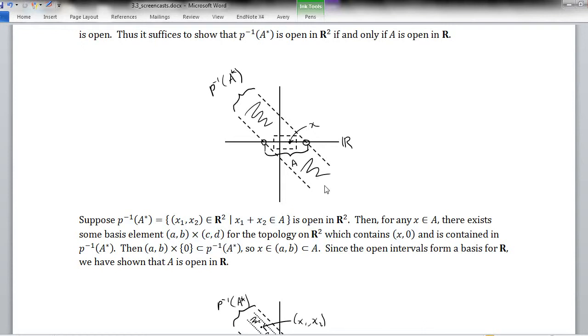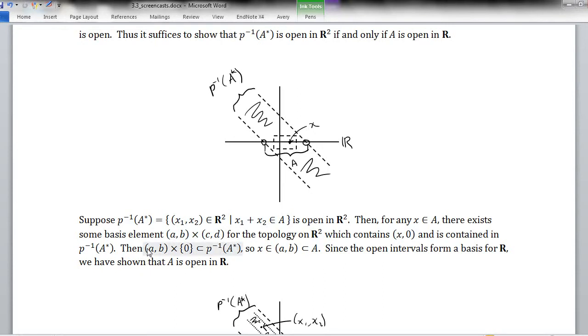Okay. So this open rectangle is drawn right here. It goes from a to b on the horizontal axis and c to d on the vertical axis. And it contains that point (x, 0).